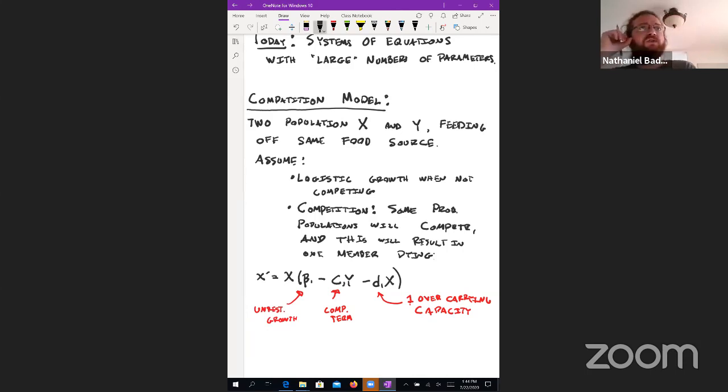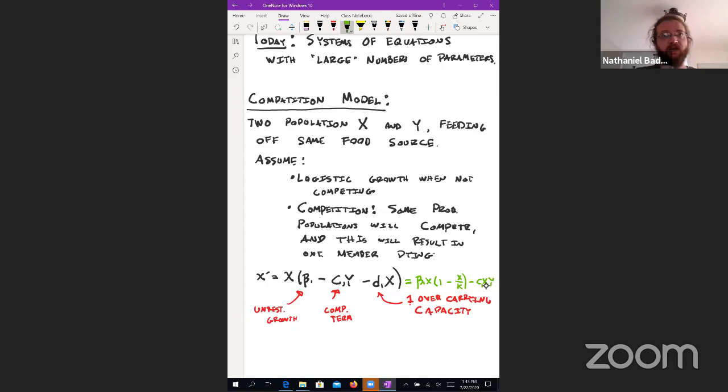We've done enough of these population things at this point that all of these terms are completely obvious. So secretly, we can rewrite this as a logistic equation: beta 1 x minus x over k, minus the competition term.